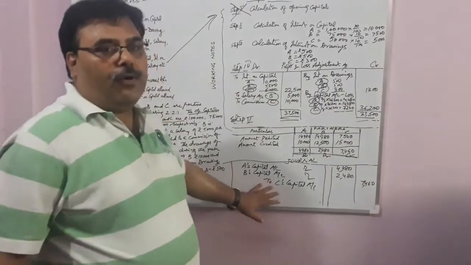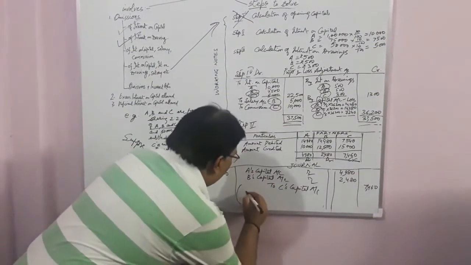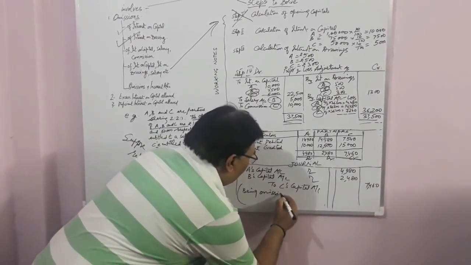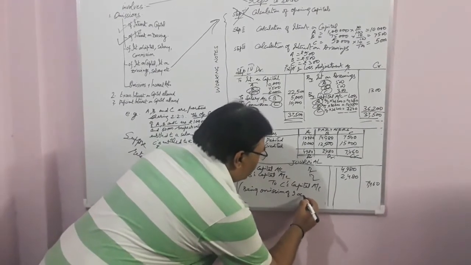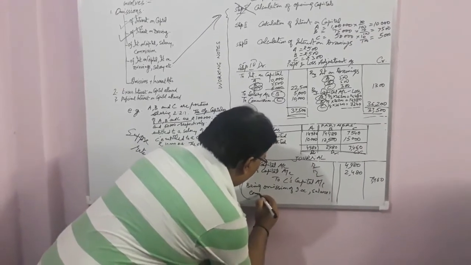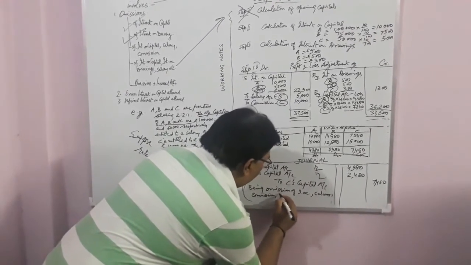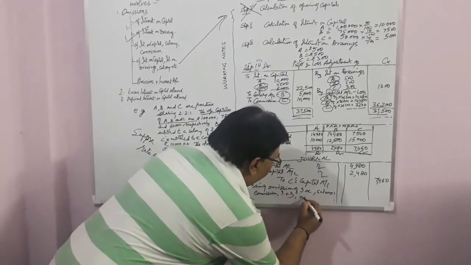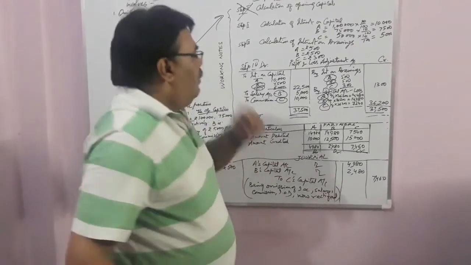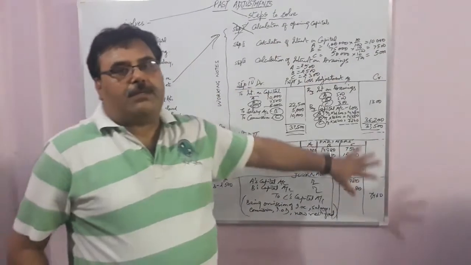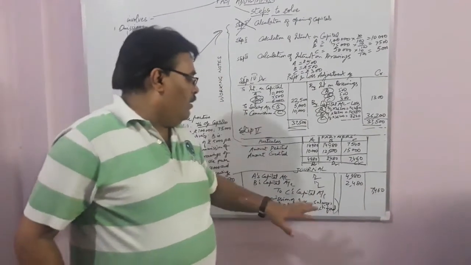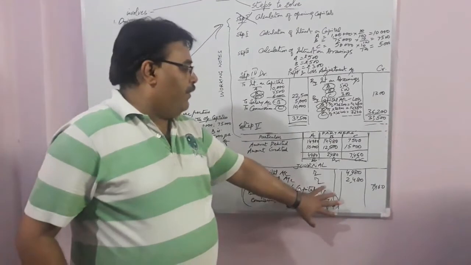This corrected our omissions: being omissions of interest on capital, salary, commission, and interest on drawings now rectified. So you see, this is the simplest method to perform all types of adjustments and rectify the omissions.